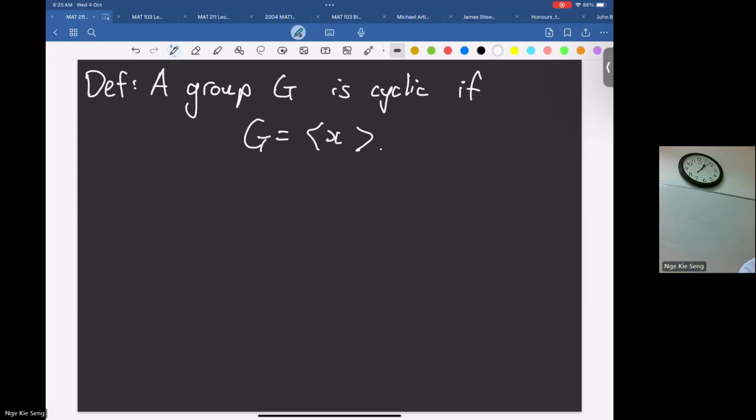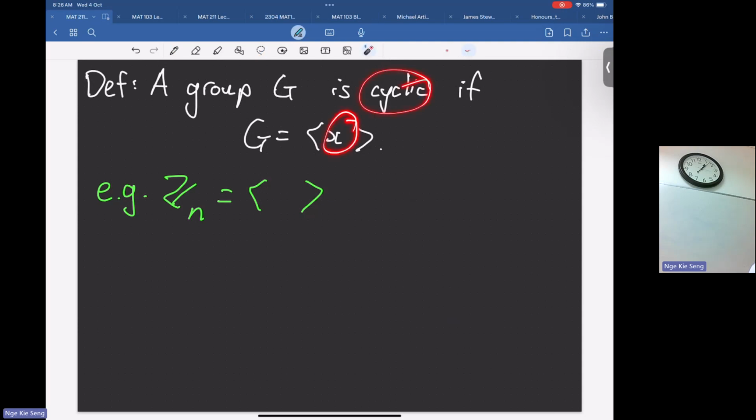So for example, what kind of cyclic group have you seen already? Modular arithmetic. So what's the generator here? You can put everything in, but if it's cyclic, there's only a single generator.